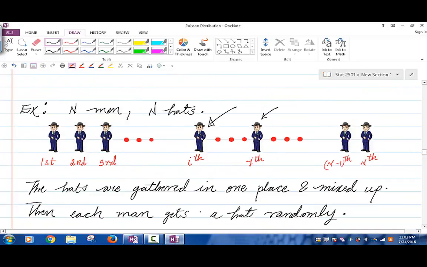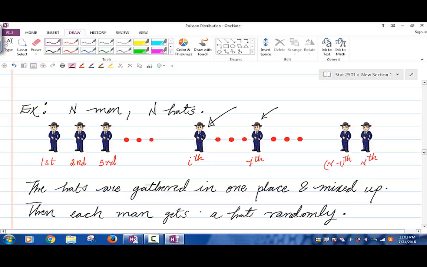After we permute the hats, what's the probability that the ith and jth man keep their hats?